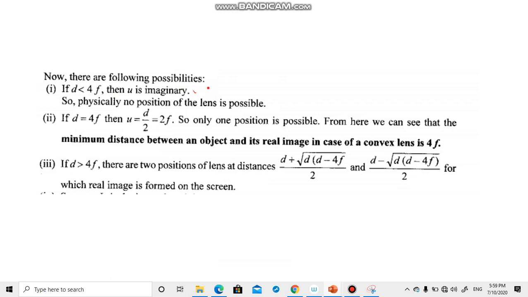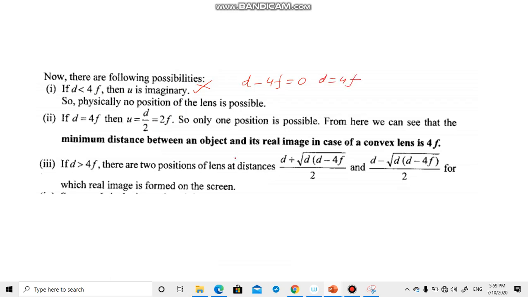So this is not acceptable. So the second case will be D minus 4F is equal to 0. D minus 4F equal to 0 means D is equal to 4F.